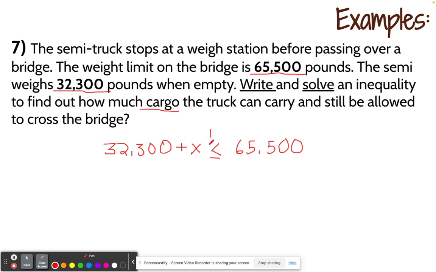So to solve this, I would just need to subtract 32,300 from both sides. The weight of the truck subtracted from the maximum it can weigh with cargo will tell me how much cargo it can carry.